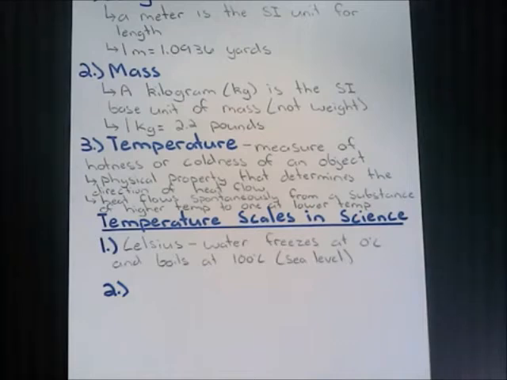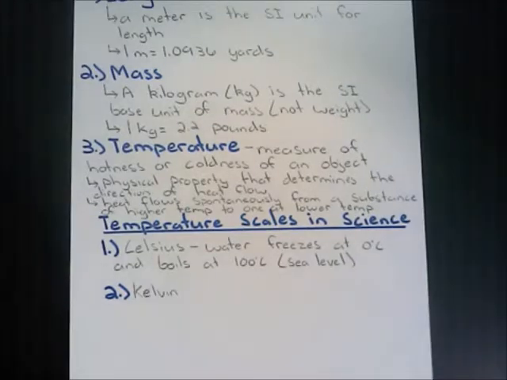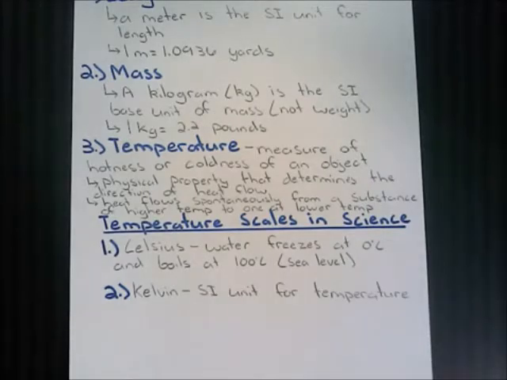Again, that freezing and boiling temperature is dependent upon your external pressure. Now we also use Kelvin. Kelvin, as mentioned before, is the SI unit for temperature. For Kelvin, water is going to freeze at 273.15 Kelvin and boil at 373.15 Kelvin, again at sea level or under 1 atmosphere of pressure.